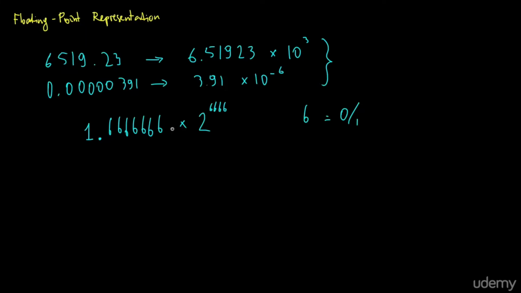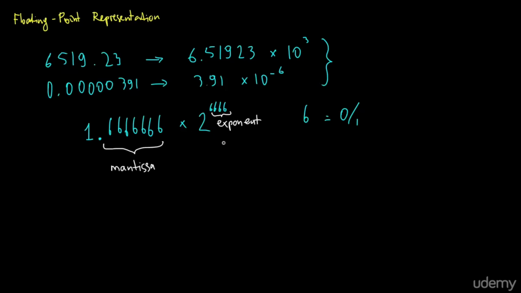In this form, we give names to the different parts that we're defining: the mantissa and the exponent. So this part is called the mantissa, and this part is called the exponent.